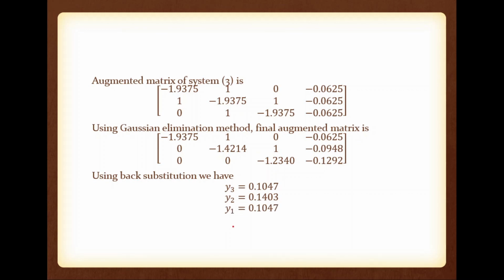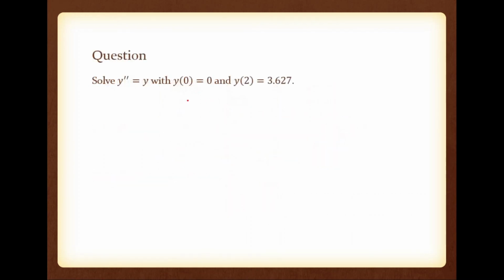Solving that, we have y1 equal to 0.1047. So these are the values of y1, y2, y3. Is it okay? Now solve the equation y double dash equal to y, with y of 0 equal to 0 and y of 2 equal to 3.627.